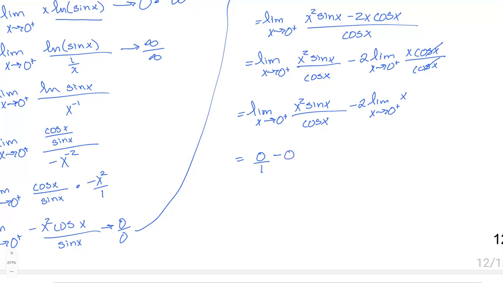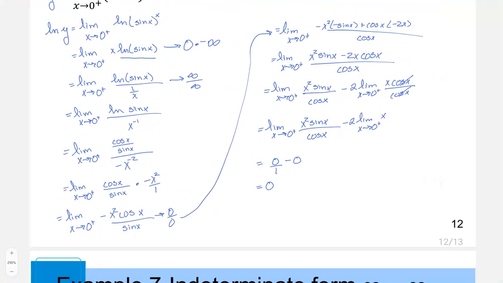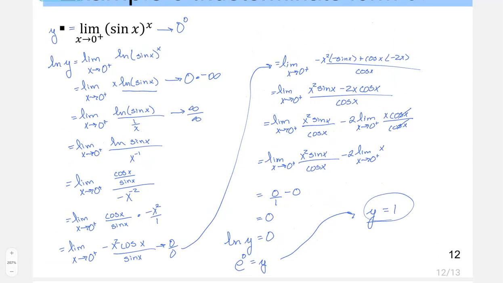It's not writing some of the things I'm asking it to write. So this is going to be 0. Okay, I cannot reapply L'Hopital's because, like I said, that denominator is not 0. You can only do it if it's 0 over 0 or infinity over infinity. But remember, we said ln of y is equal to the limit, and we got 0 on this side. So if we rewrite it, e to the 0 is equal to y. And what that means is y is going to be equal to 1. So that limit for this function is going to approach 1.